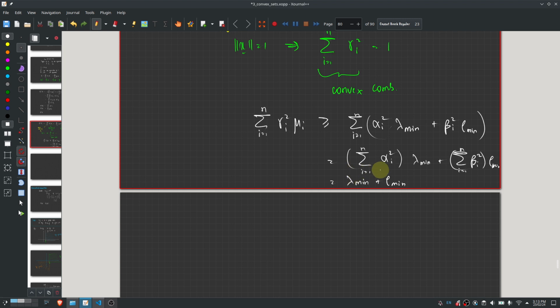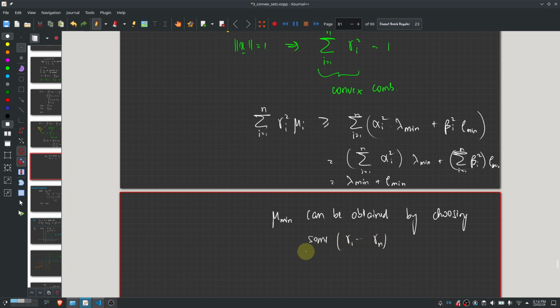That should also be greater than or equal to lambda min plus rho min, right? So mu min can be obtained by choosing some particular combination of gamma 1 through gamma n.